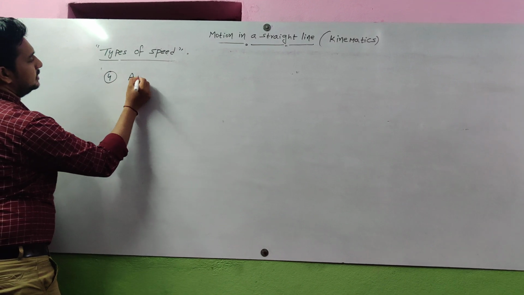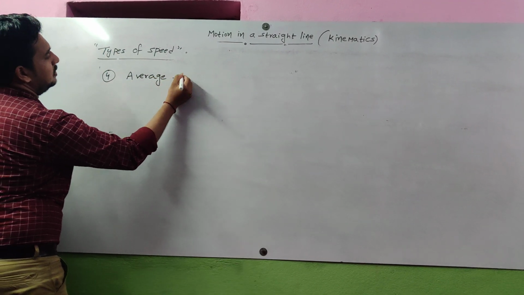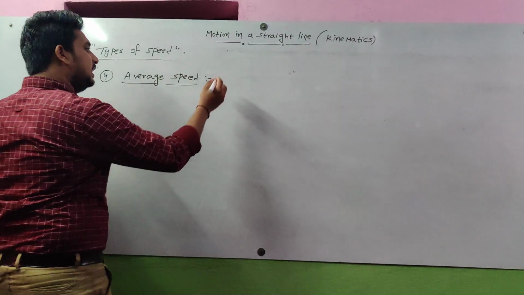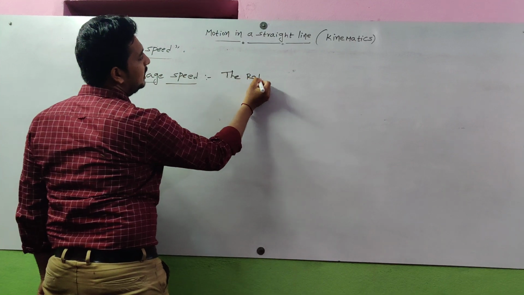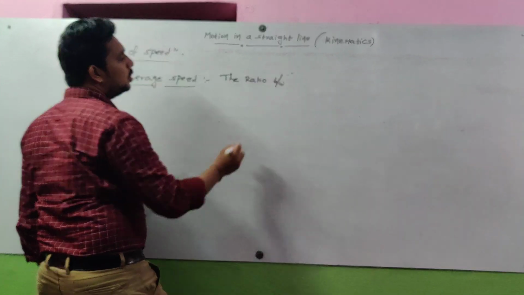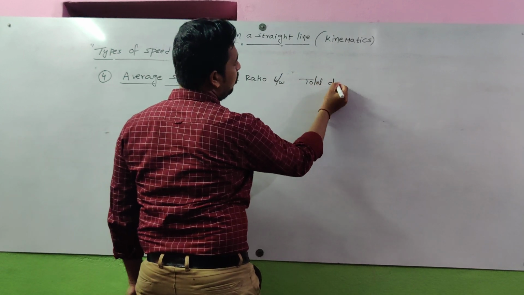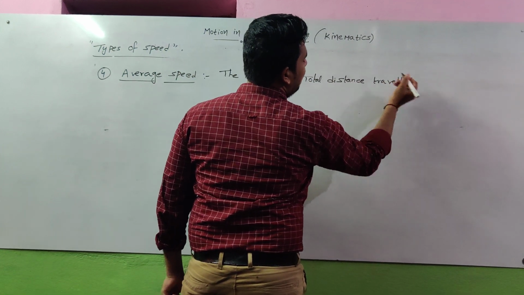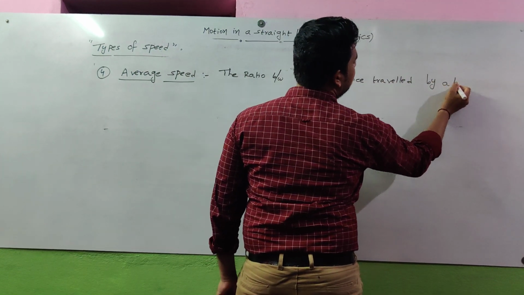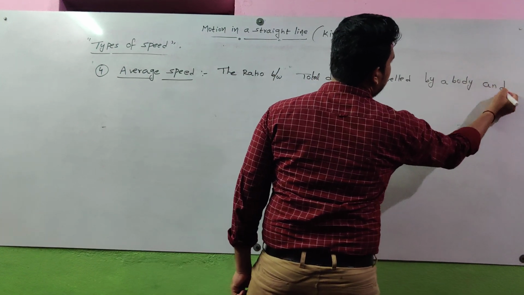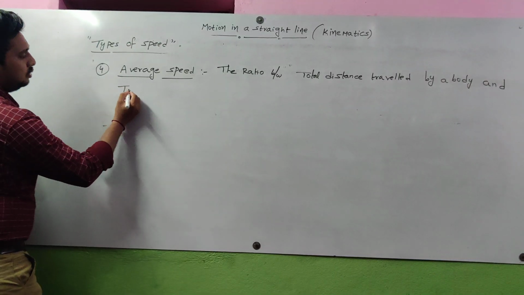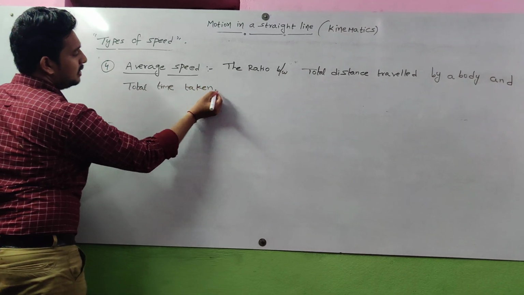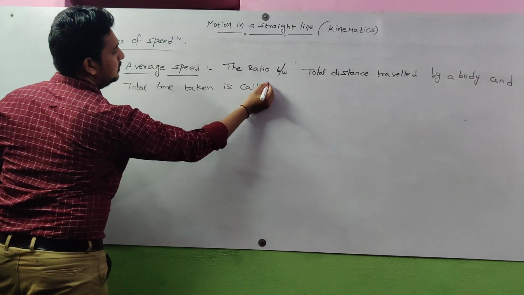The ratio between total distance traveled by the body and total time taken is called average speed.